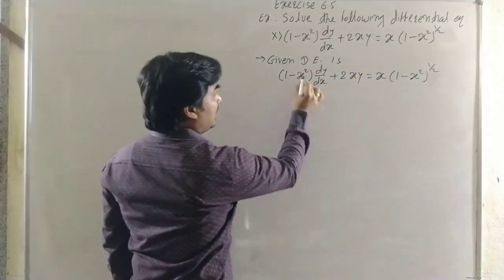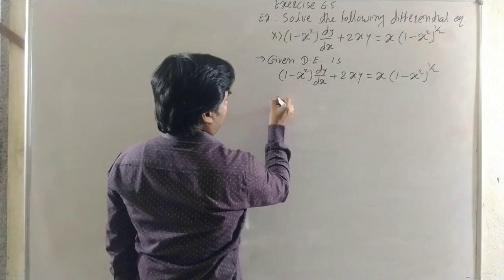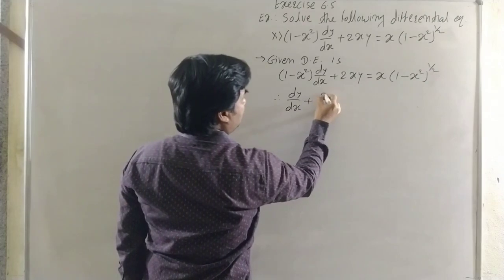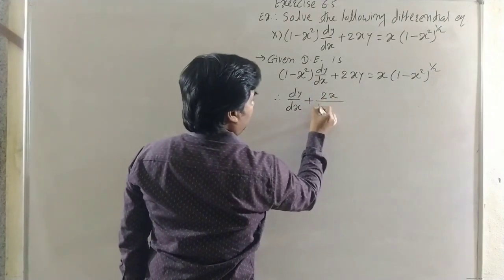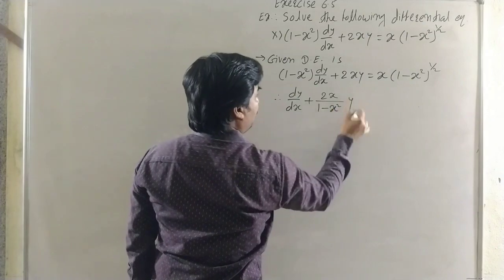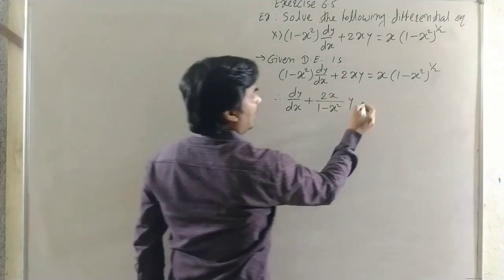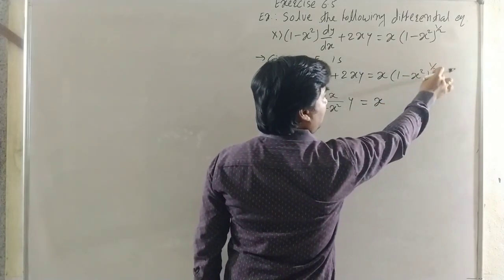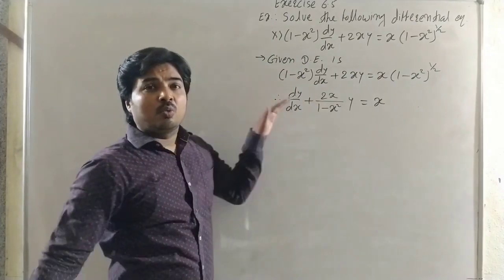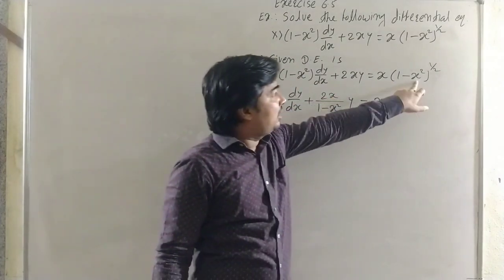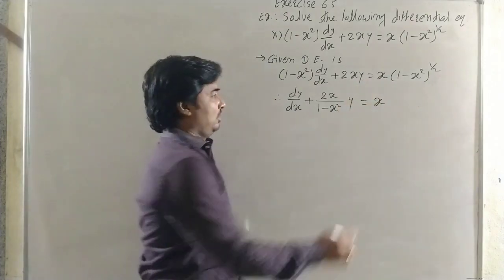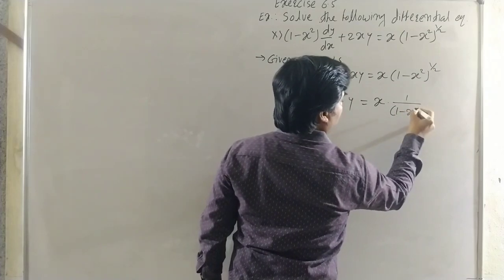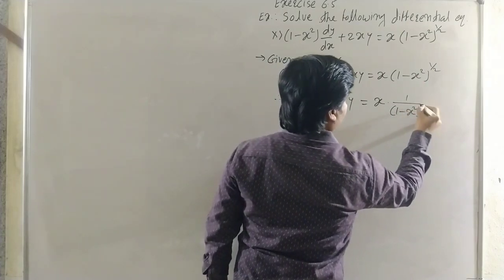Now first divide throughout by 1 minus x squared, so it is dy by dx plus 2x upon 1 minus x squared into y is equal to x into, see carefully, 1 minus x squared to the power 1 by 2 upon 1 minus x squared, that means in the denominator we get 1 minus x squared to the power 1 by 2.